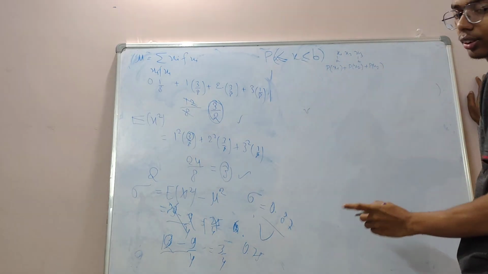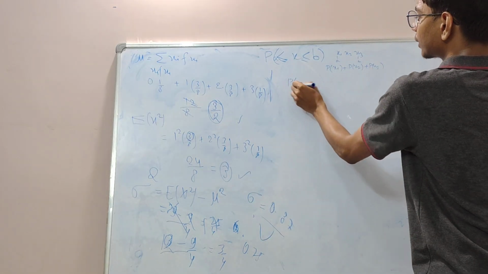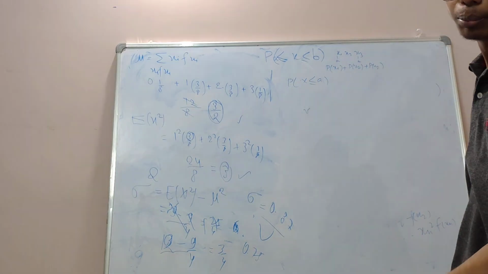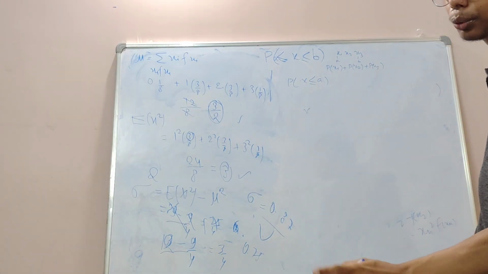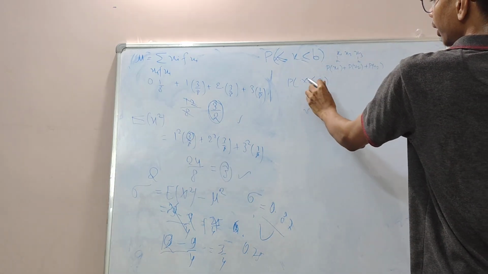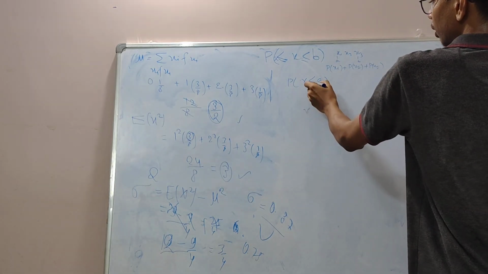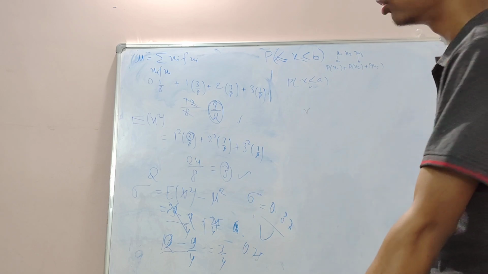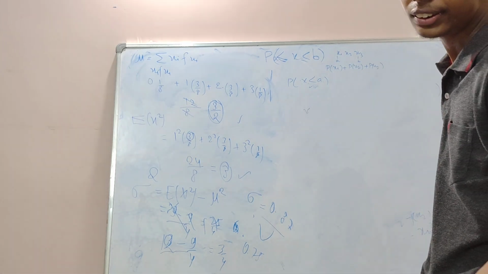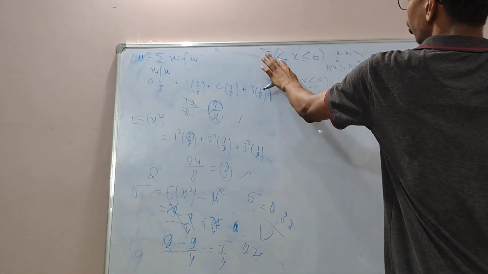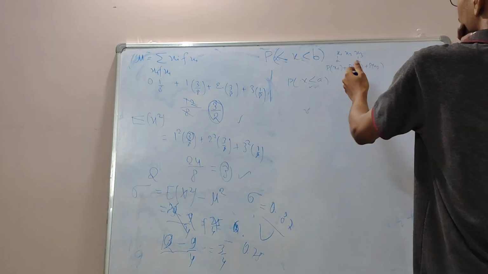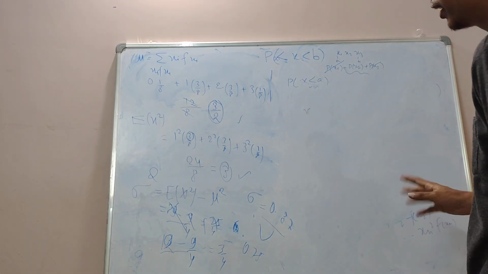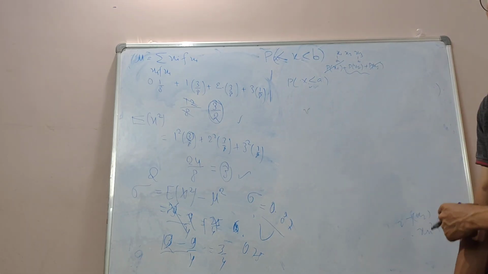Similarly, if I am given probability x less than or equal to A, it will give me the sum of all values up to A inclusive, and if this is not given, the sum of all probabilities but not including A. And if it is given as only from A to B, it will be simply probability of x2, right? A and B will be excluded, x1, x3 will be excluded.